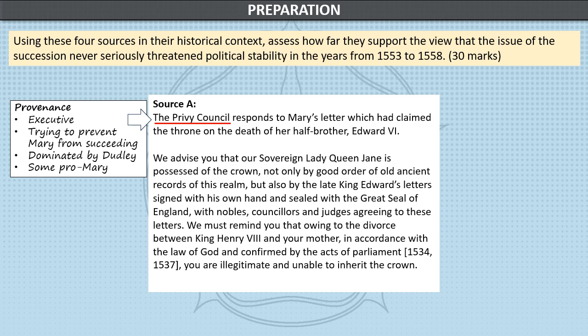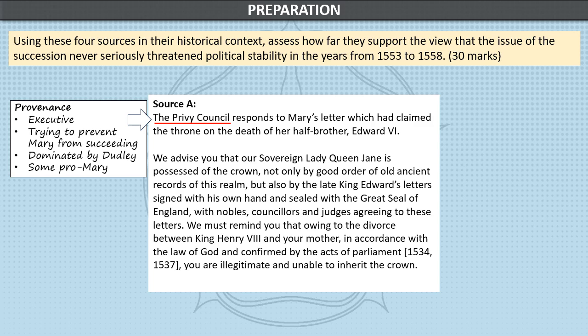Similarly, at this point, John Dudley was dominating the council and was broadly in control. But I might show some awareness too that even at this stage, some of the Catholic councillors were for Mary succeeding to the throne, but were being carefully controlled.